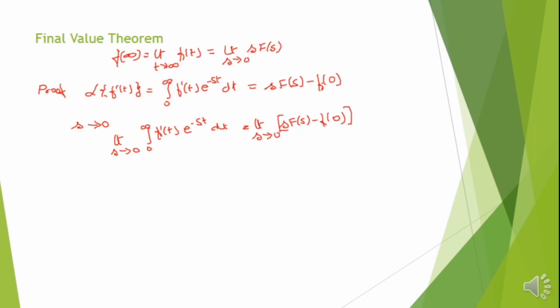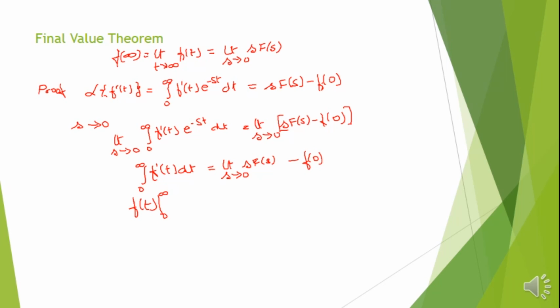Now when s tends to 0, this e to the power minus st becomes 1. So it becomes integral 0 to infinity f dash of t dt, equal to, on the right hand side, limit as s tends to 0 s F of s minus f of 0. Now what is the integration of f dash of t? It is equal to f of t in the interval 0 to infinity.